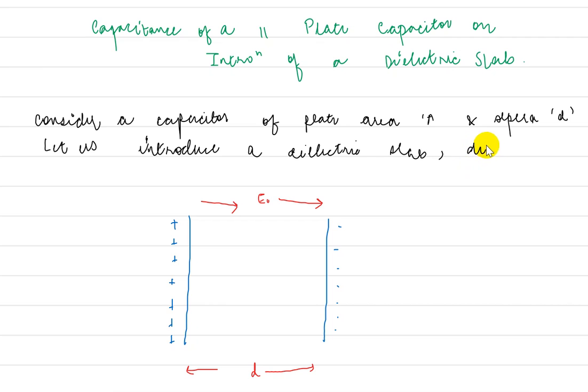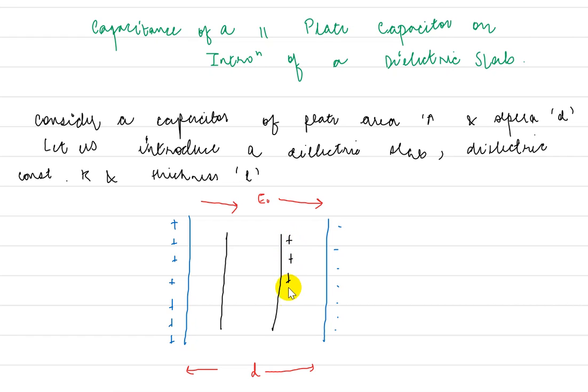The dielectric constant is K and the thickness of the dielectric slab is T. So this is the dielectric slab that we have introduced. Positive on this side and negative on this side, and the thickness is T as we have assumed it.